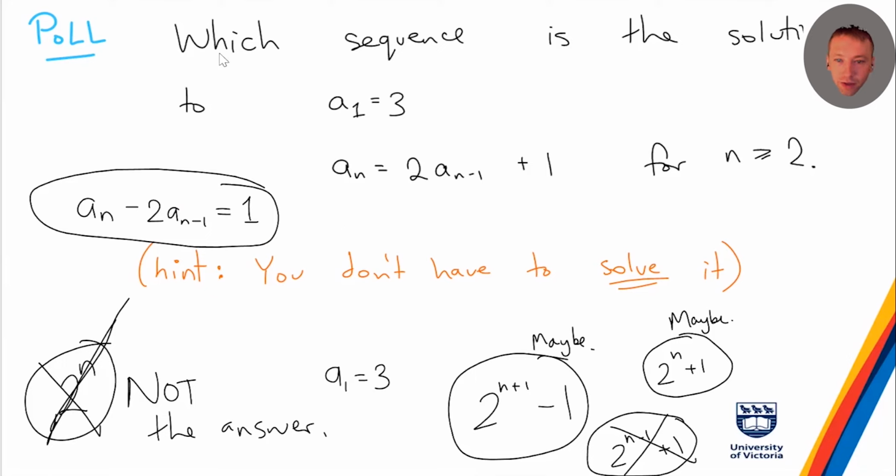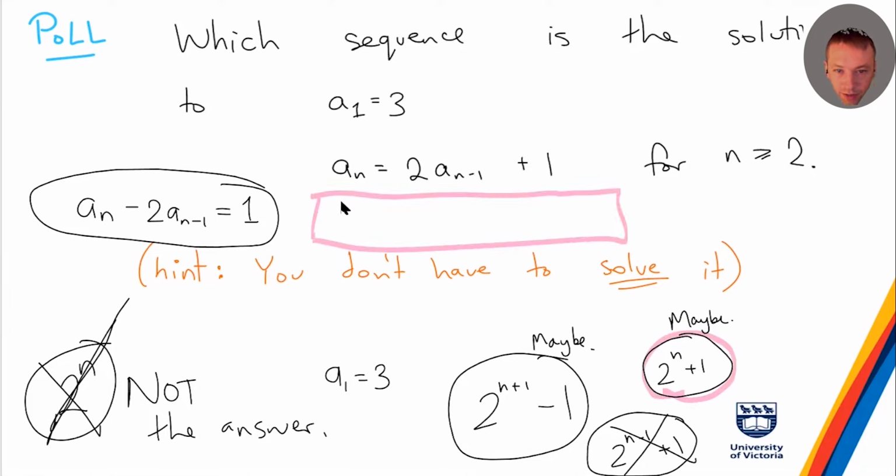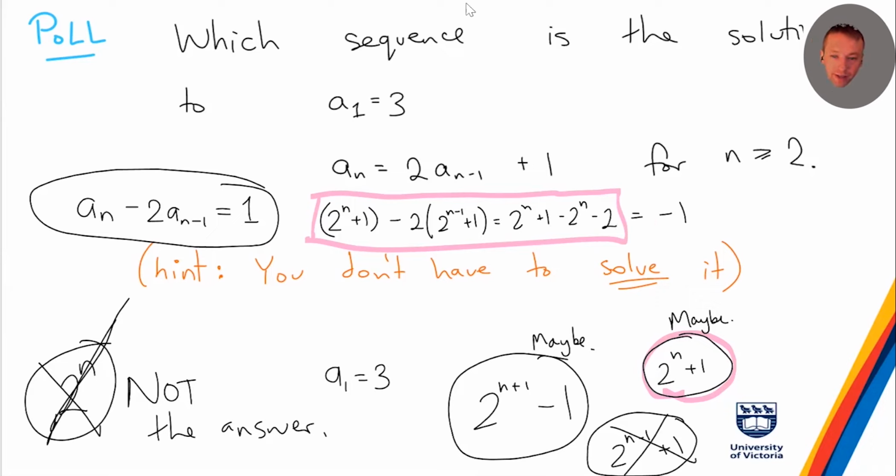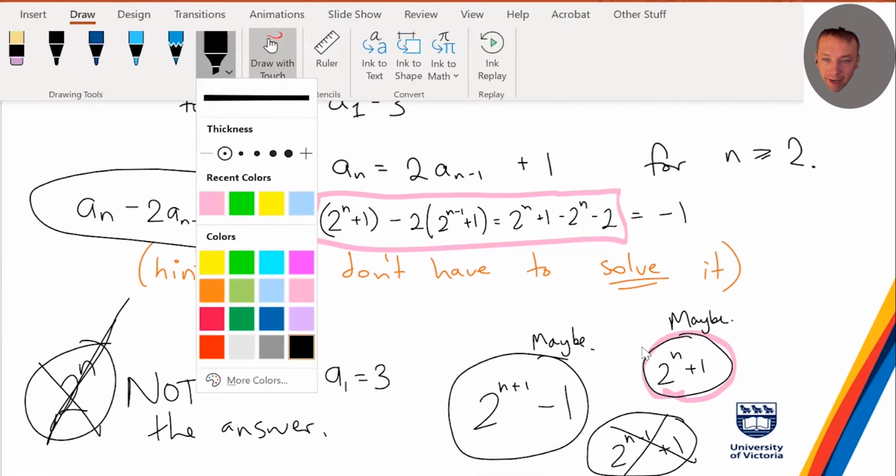So if I take 2 to the n plus 1 minus 2 times 2 to the n minus 1 plus 1, what does that equal? It's 2 to the n plus 1 minus 2 to the n minus 2, which is a minus 1, but that's not 1. So that kills this one. This one is not a maybe anymore, it's a no.